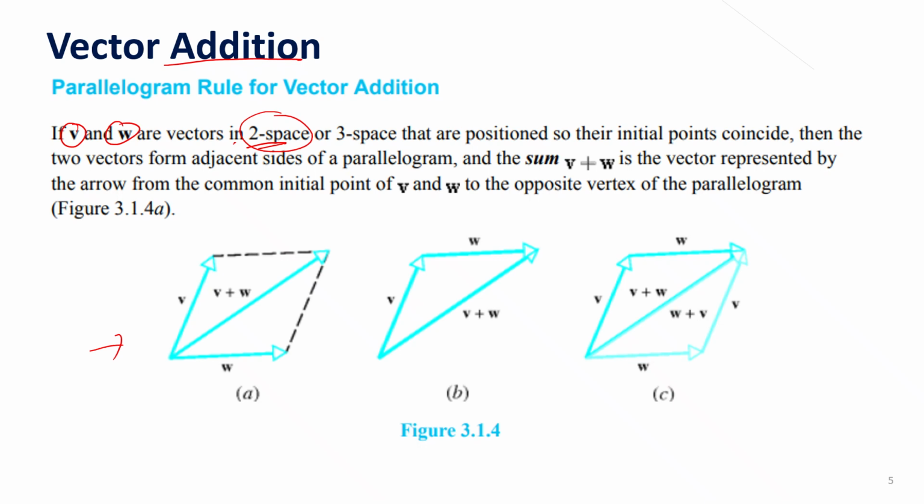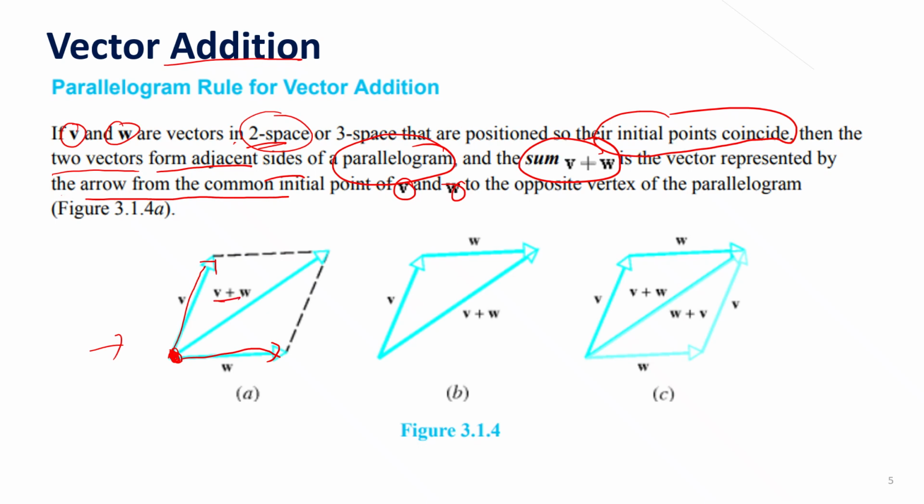If they are positioned so that their initial points coincide, then the two vectors form adjacent sides of a parallelogram. The sum of these two vectors, v plus w, is represented by the arrow from the common initial point to the opposite vertex of the parallelogram.